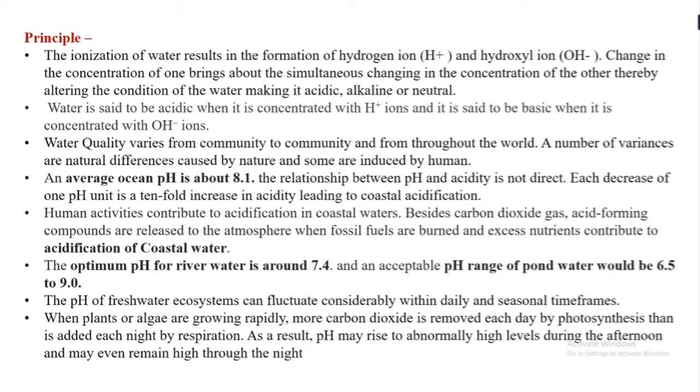Now the pH of fresh water can fluctuate considerably within daily or seasonal time frames. In most aquatic environments, daily photosynthesis is about equal to daily respiration, and the pH will usually remain within a range that is tolerated by most of the aquatic animals living in this fresh water.